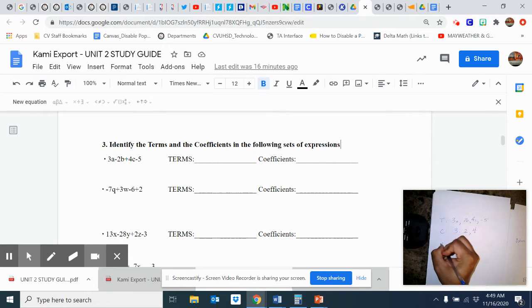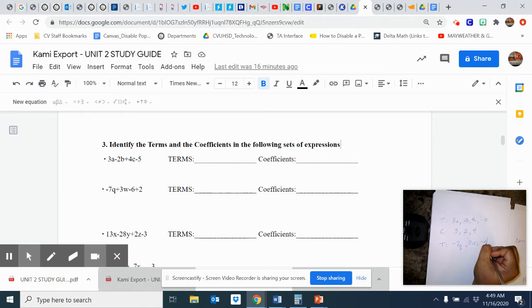Okay. The terms for the second part, negative 7q, 3w. And actually, I want to tell you what the combined like terms in this would be: negative 4.